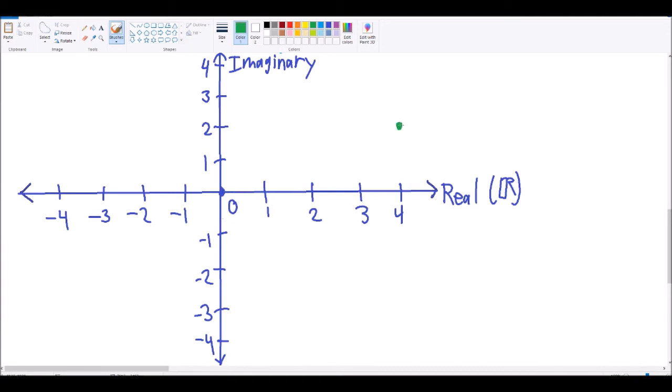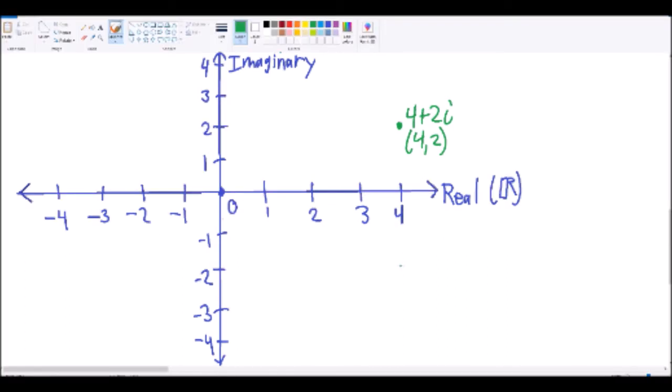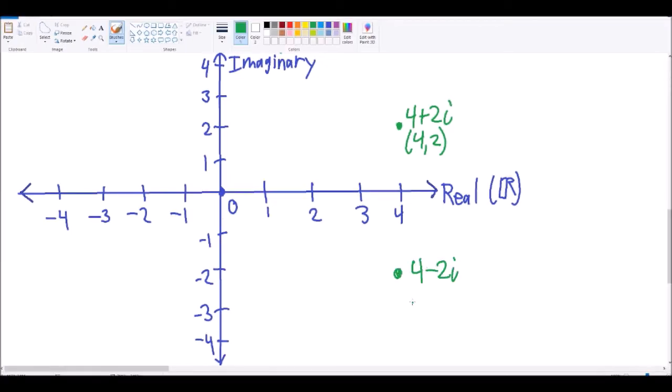With this new model, the number 4 plus 2i is basically the same as describing a point with coordinates 4 and 2. Except now, instead of having to deal with 2 different numbers, we can just deal with one 2-dimensional number. And here we can also see that the complex conjugate is that point reflected across the real axis.